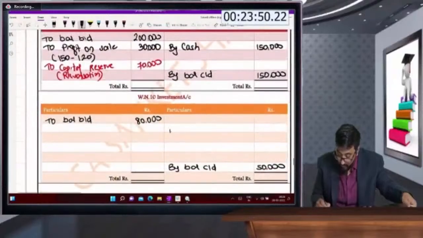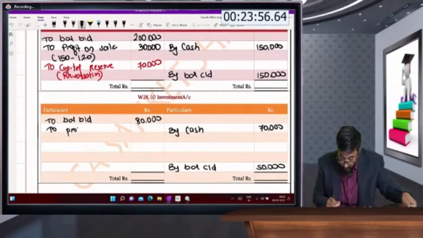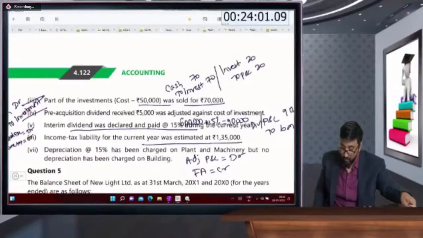In investment's credit, by cash 70,000 and to profit 20,000.